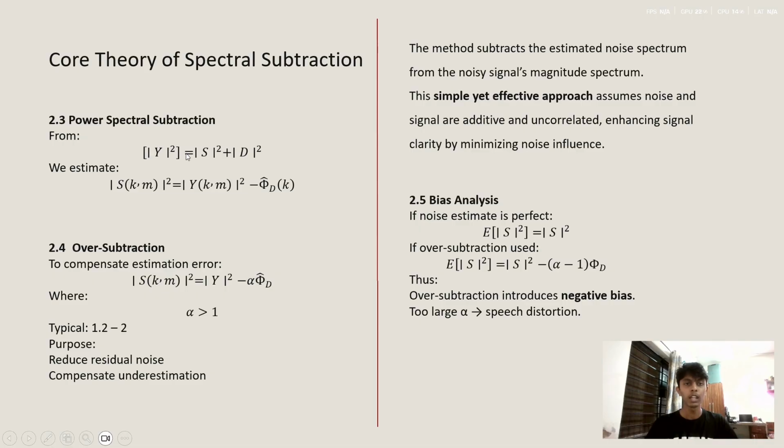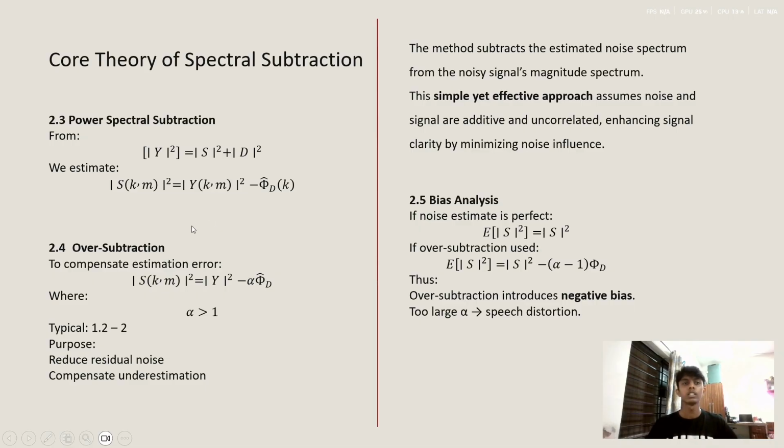So from here we had the power equation, and we will take the disturbance to the left-hand side, since we only need the required signal mod S squared. So which will give us this equation.